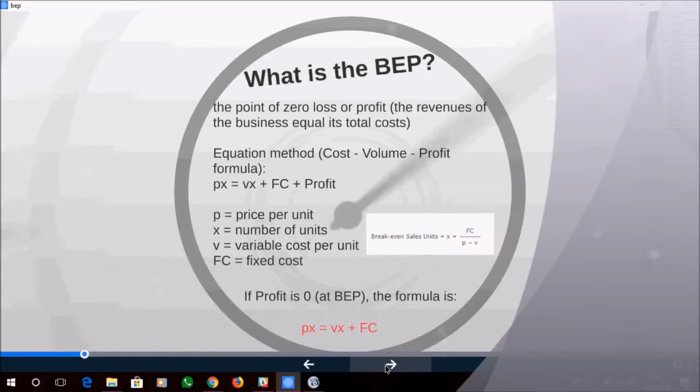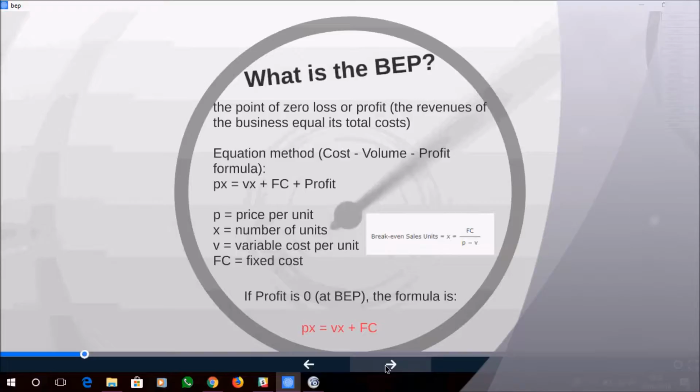Break-even point can be calculated by the algebraic method or by the graphical method. The algebraic method is based on the cost-volume-profit (CVP) formula, where we have Px equals Vx plus FC plus profit, where P is the price per unit, X is the number of units, V is the variable cost per unit, and FC is the total fixed cost.